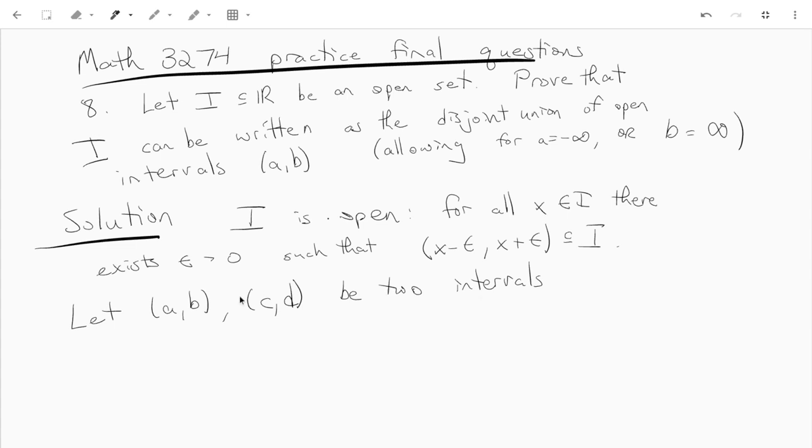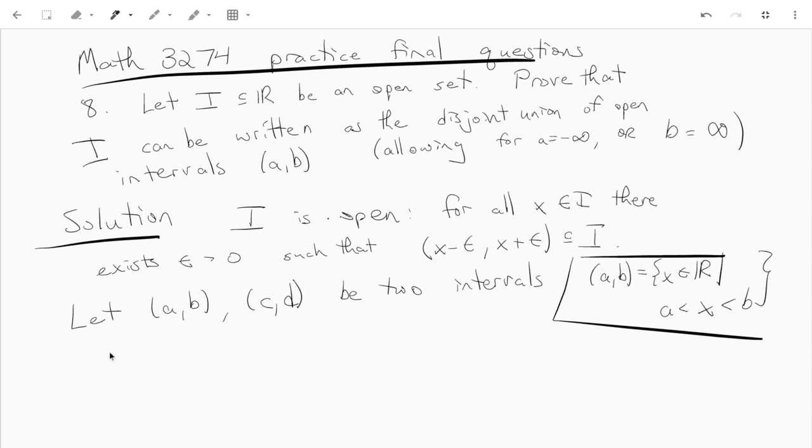In case you don't know this notation, the interval from a to b is just those real numbers x such that x is greater than a and less than b. Okay, anyways, this is just an aside.